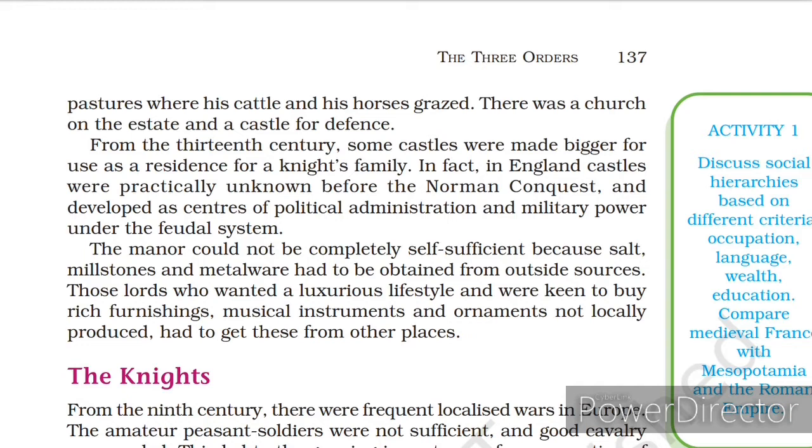But what they wanted, they would not get from the estate. They would buy it from outside the estate, so that they could boast, saying, see, I got this. And for this they paid a huge sum.